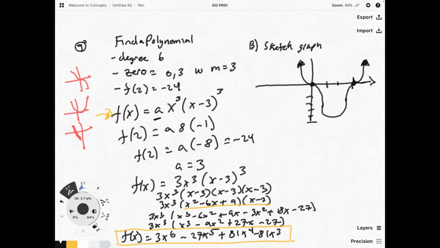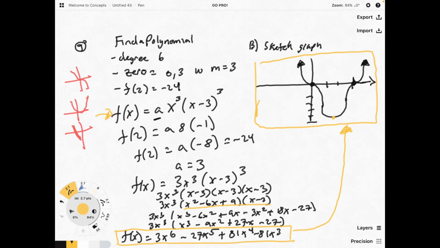However, this is going to be the basic shape of this polynomial, and this is our correct answer. If they ask for the lowest peak value here, you can easily solve for that. However, in this question, they just asked us to find the polynomial and then sketch the graph, and that's what we did, and that satisfies both part A and part B.